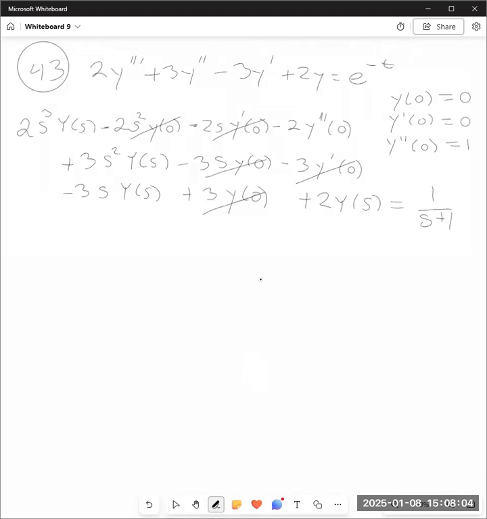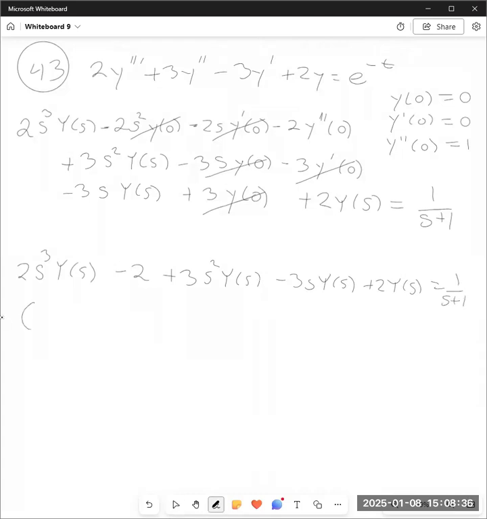Okay, so we have 2s cubed capital Y of s minus 2 times 1 is minus 2 plus 3s squared capital Y of s minus 3s capital Y of s plus 2 capital Y of s is equal to 1 over s plus 1.